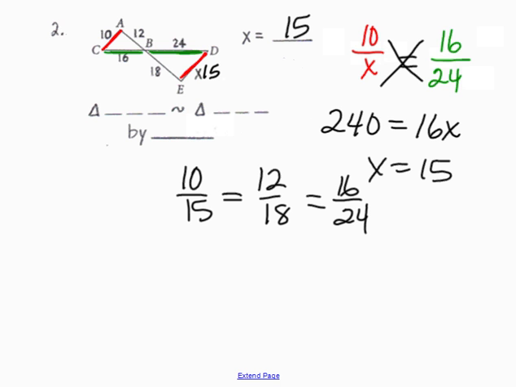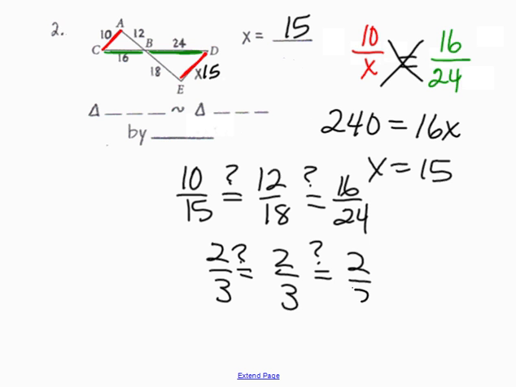Okay, so now I'm going to reduce. Are these the same? If I reduce by 5, I get 2/3. If I reduce by 6, I get 2/3. And if I reduce by 8, I get 2/3. So this is true.